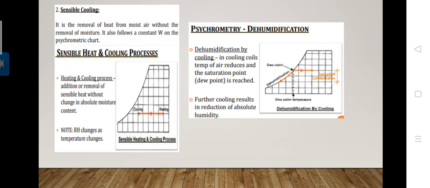So in heating and cooling processes, there is addition or removal of sensible heat without change in absolute moisture content.